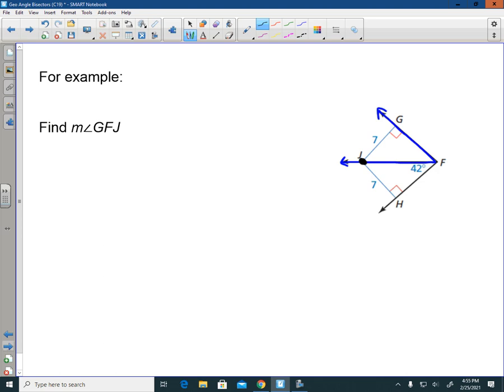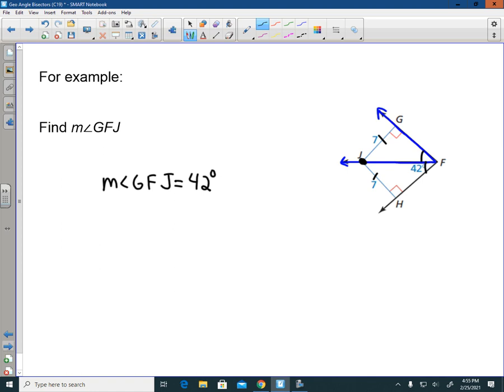And we also know that J is equidistant, because 7 and 7 are the same, from the sides of that angle. And the converse to the angle bisector theorem says that if a point is equidistant from the two sides of an angle, then it's on the angle bisector, which means that this angle must be the same as that one. Well, if that's true, and JFH is 42, then the measure of angle GFJ must also be 42 degrees.